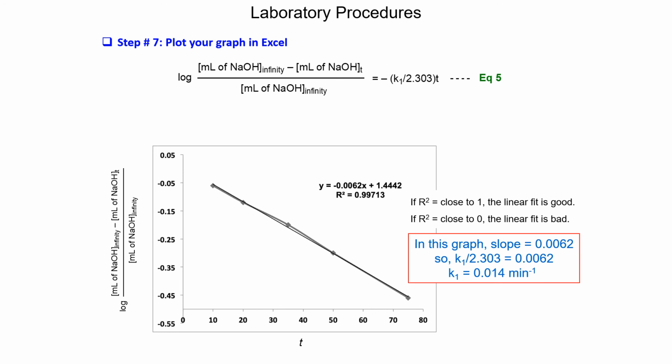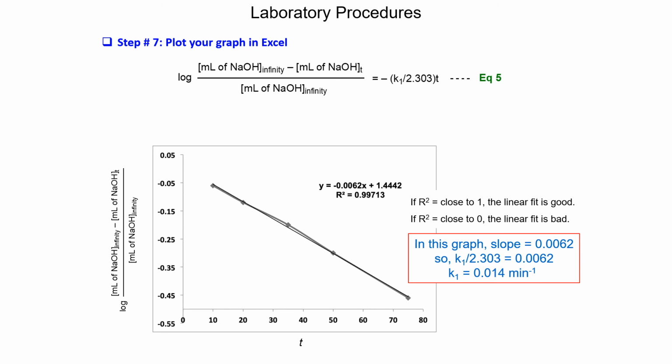What you do is you just calculate this equation to get the y-axis. So at the end of the process, you will have such a linear graph.